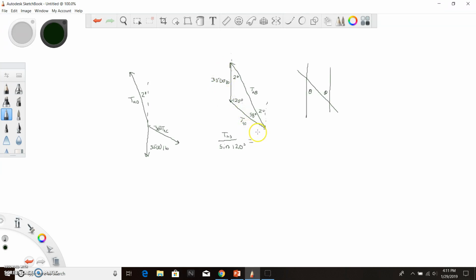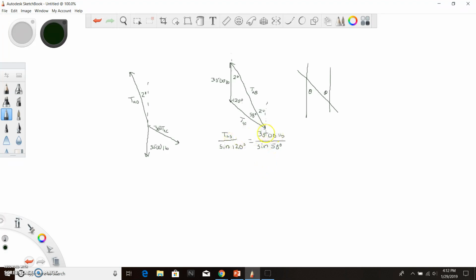Okay, so that's going to be my other side, 3,500 pounds for my horrible writing on this. Okay, and I'm going to take that and divide it by the sine of its opposite angle. Okay, so 3,500 pounds touches this angle and this angle, meaning this one has to be my opposite. So that is going to be the sine of 58 degrees.